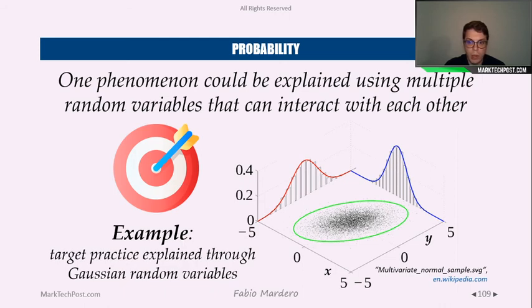For example, in this picture you can see target practice explained through Gaussian normal variables. We have the x-axis, where the sniper has a blue distribution, and on the y-axis this red distribution. At 0, 0 we have the center of our target.